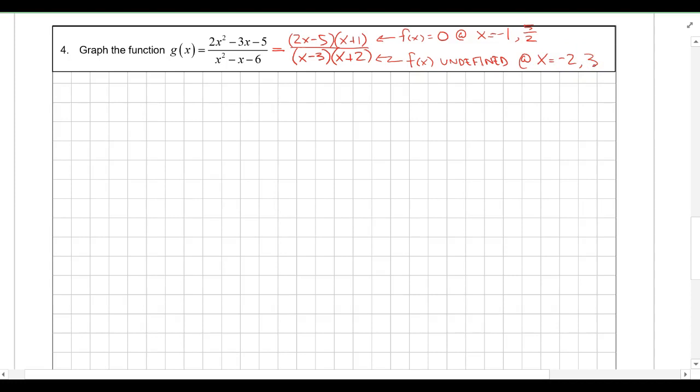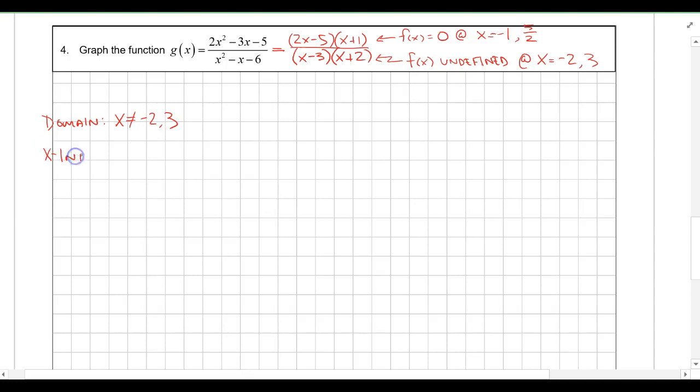Okay. So let's start thinking about our procedure. I'm going to first talk about the domain. The domain of this function is x cannot equal negative 2 or 3. X-intercepts, those are my zeros.